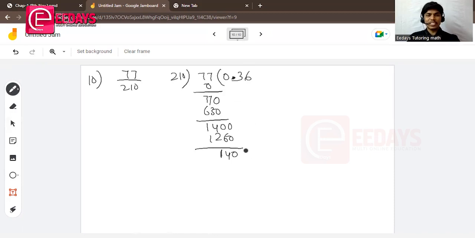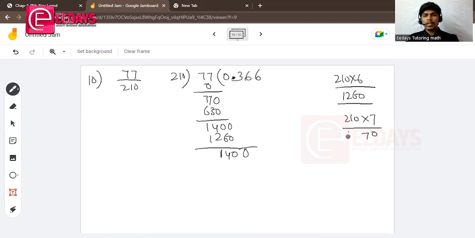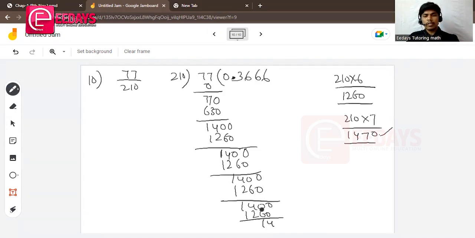Now it is quite interesting. Again 6, because 210 into 7 is 1470, which is increasing, so we take 6 again. 1260, again 140. So it continues like this: 6, 6, 6, 6.